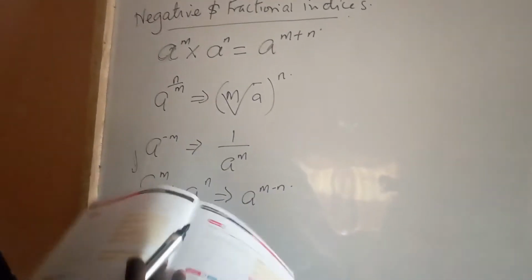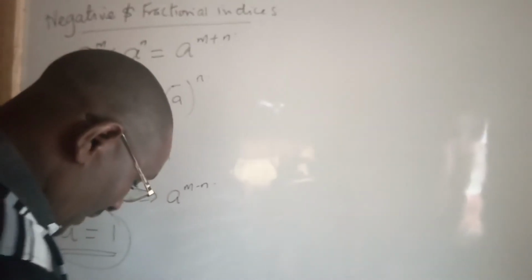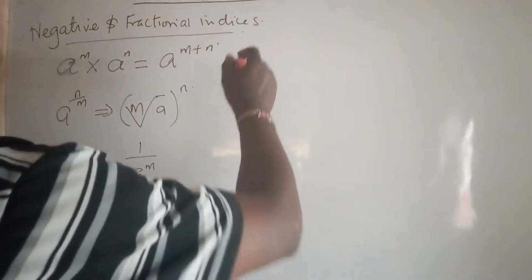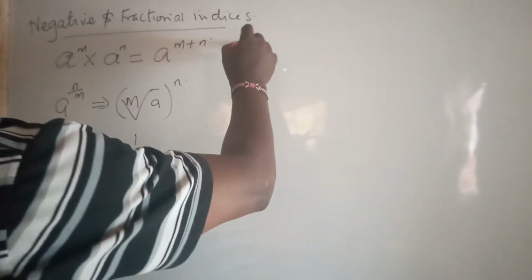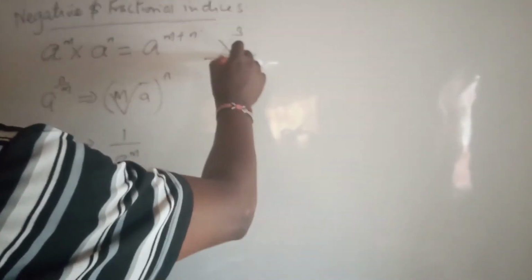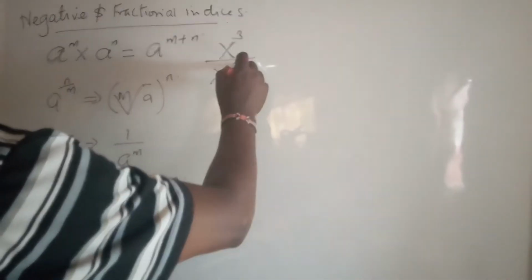Having said that, I want us to look at example 9. Part A talks about x raised to power 3 all over x raised to power minus 3.